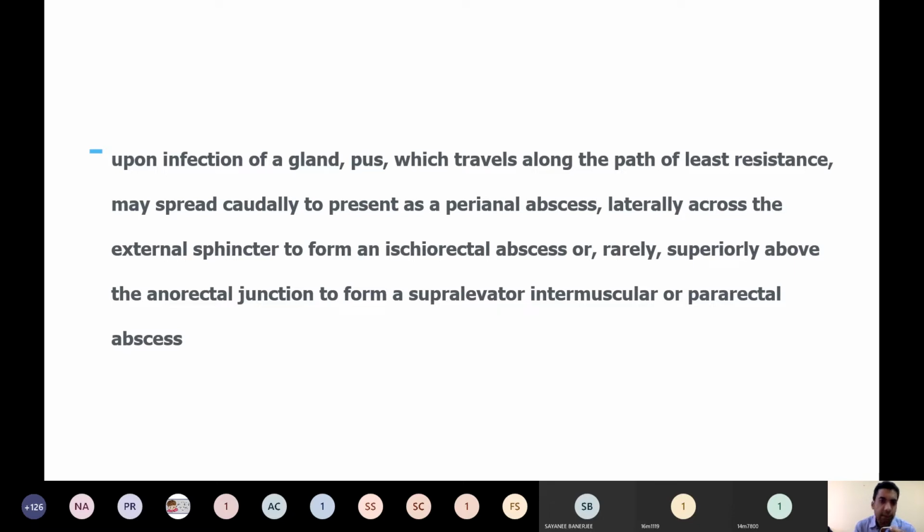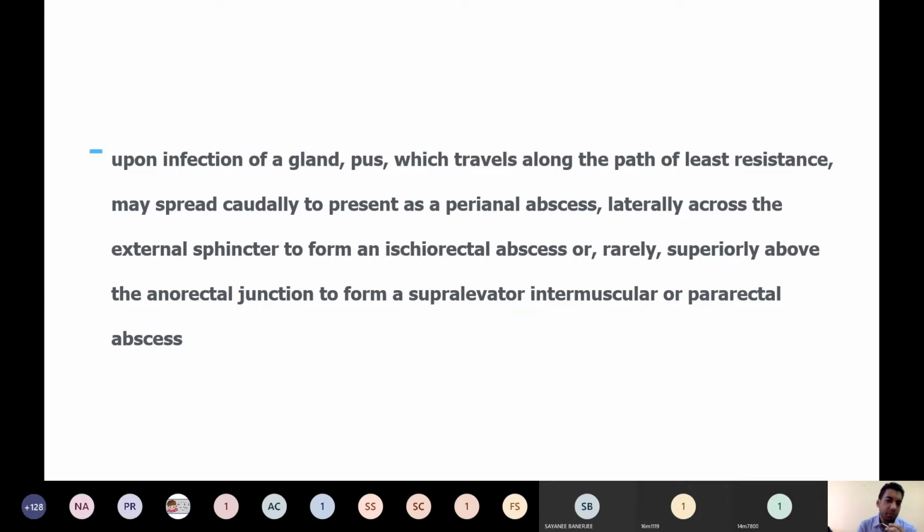If it extends laterally across the external sphincter, it enters the ischiorectal fossa, forming an ischiorectal abscess. Rarely, superiorly it extends above the levator ani. Puborectalis is nothing but a part of levator ani. If it extends beyond that superiorly, it becomes a supralevator, intramuscular or pararectal abscess.